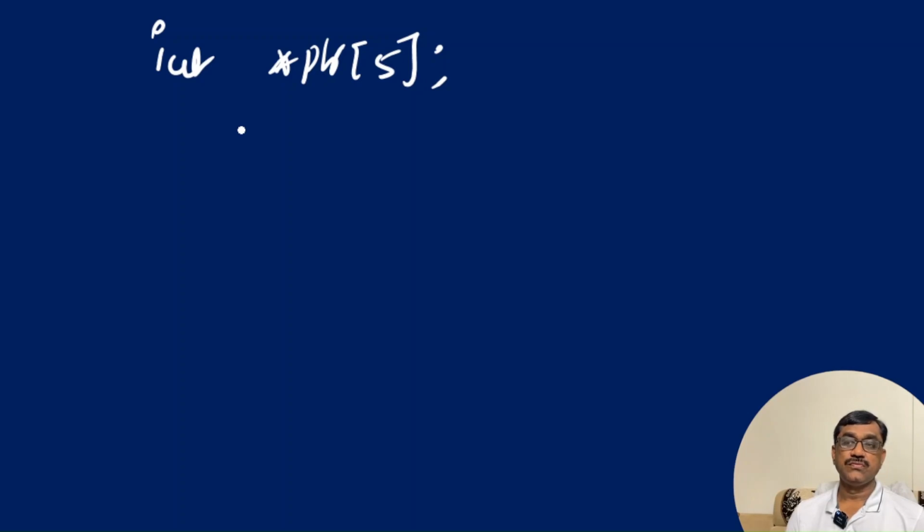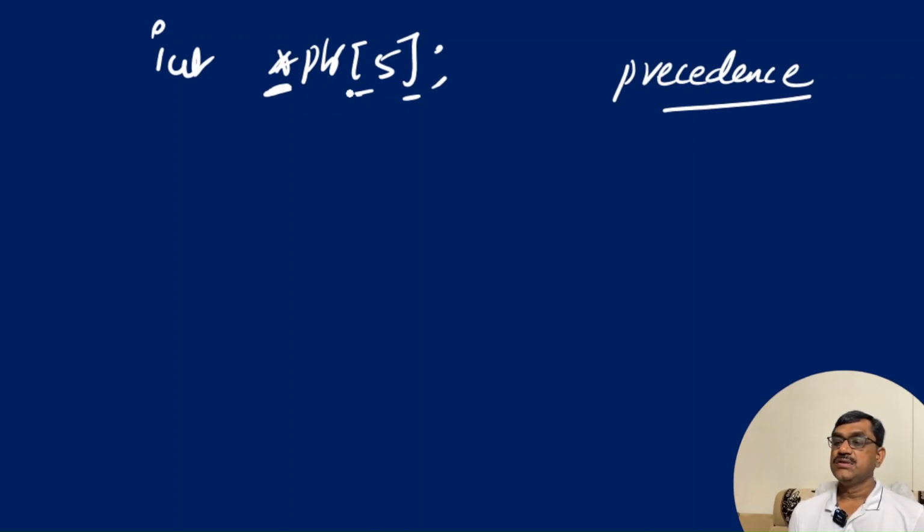No. The important thing you have to understand here is that there are two important operators: one is star, another one is square brackets. Here, precedence comes into the picture. When we have the operators star and square brackets, the first preference is given to square brackets.